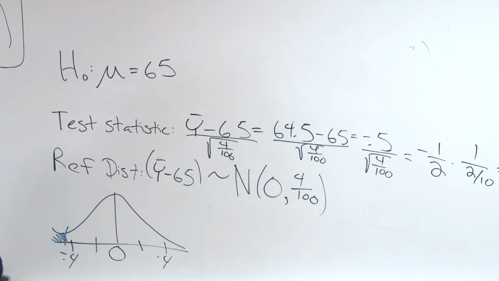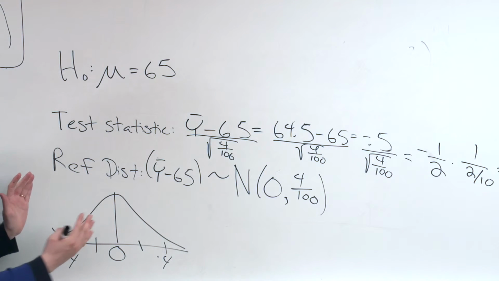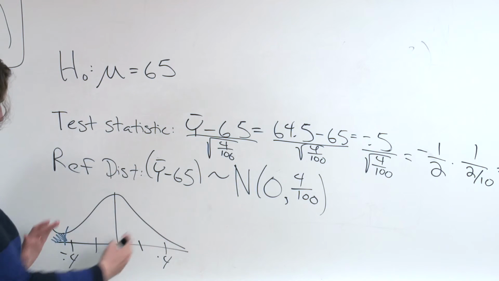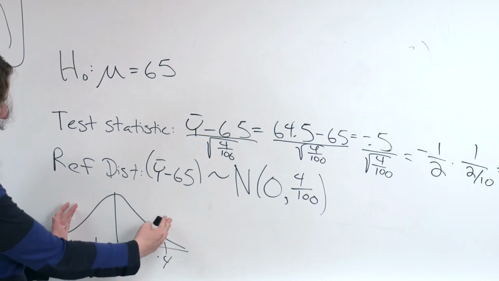What reference distribution should I compare that to? Well, we said that y bar minus 65 will usually be within 2 standard deviations of 0. It will be between negative 0.4 and 0.4.